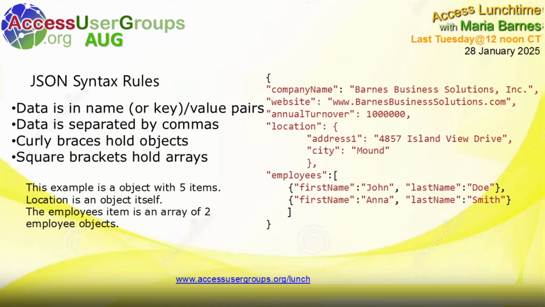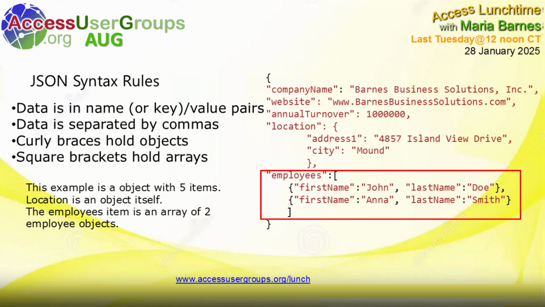So you see you have here the name and the value, and then you're going to go on to the next item. And in order to go on to the next item, you have a comma that separates the next item, and then another comma, and then you can nest items. So here we have another bracket that indicates it's an object. So curly braces indicate that there's an object inside.